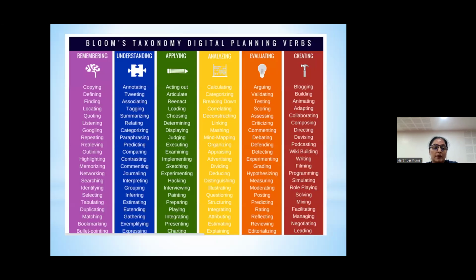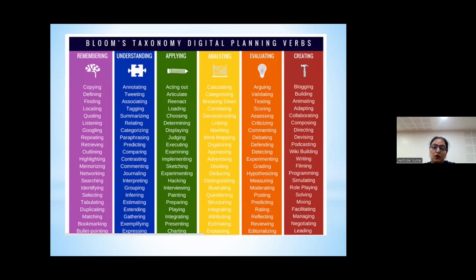These are certain verbs which can be used in Bloom's taxonomy. In remembering, we can use copying, outlining, memorizing, identifying, defining, etc. In understanding, we can use estimating, extending, etc. Applying refers to implementing or experimenting.